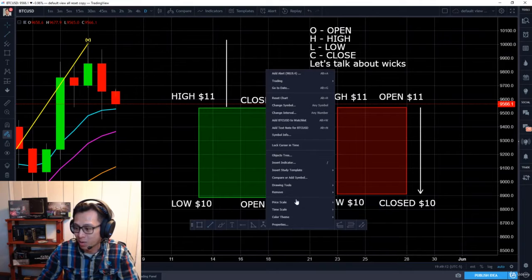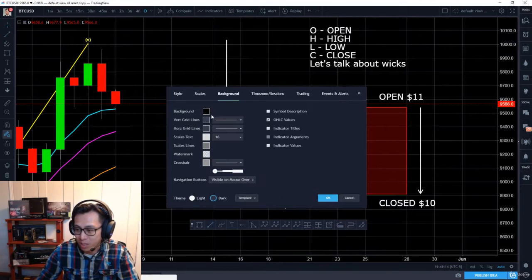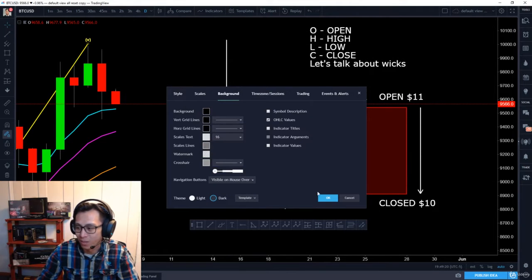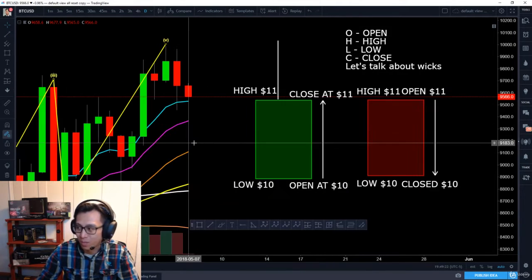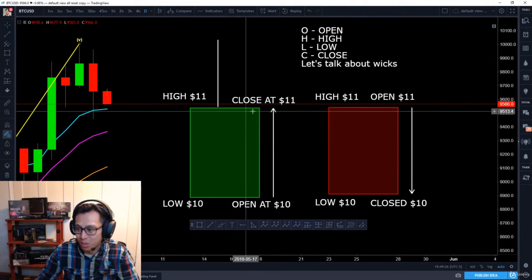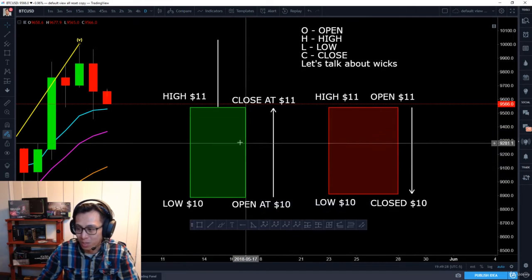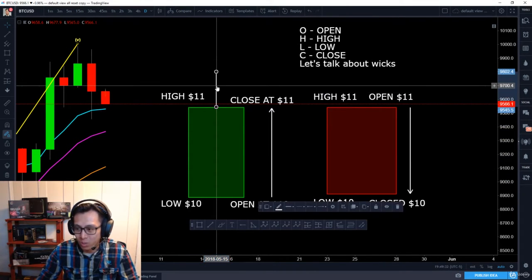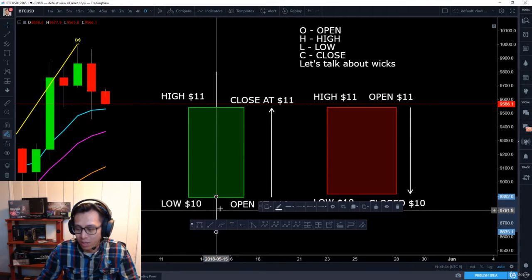Let's clear out the background so you guys can see it a little bit better here, okay? Let's take out the vertical lines. We don't really need them whatsoever. Let's take that out for a moment so it's a little more visible. And let's also make a wick on the other side as well, okay? Let's make a wick there.